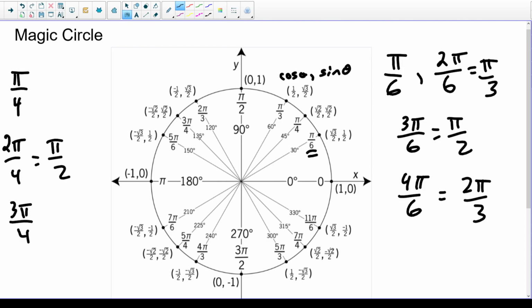And just keep doing that until you start to really memorize pi over 6, pi over 4, pi over 3, pi over 2. Like those first 4 in the circle here. And it's a little bit confusing because the denominators get smaller as you get to the top, and the denominators don't technically follow a pattern, right?